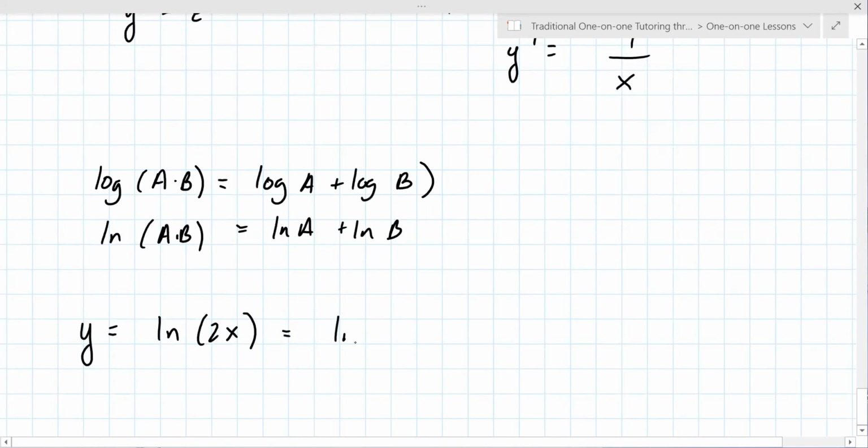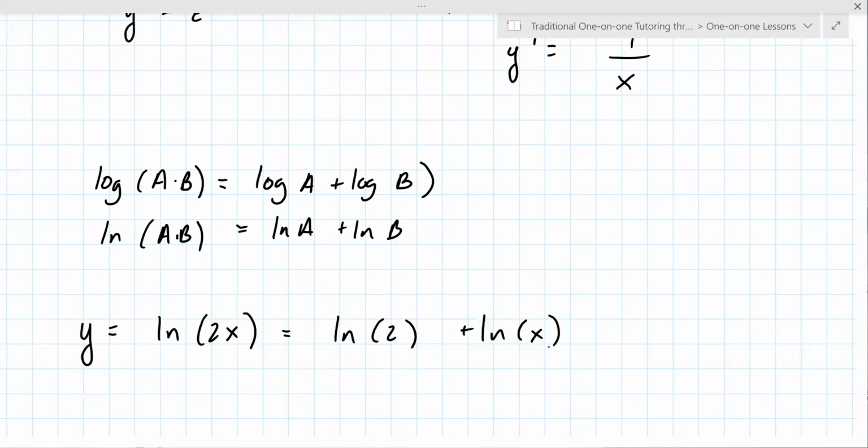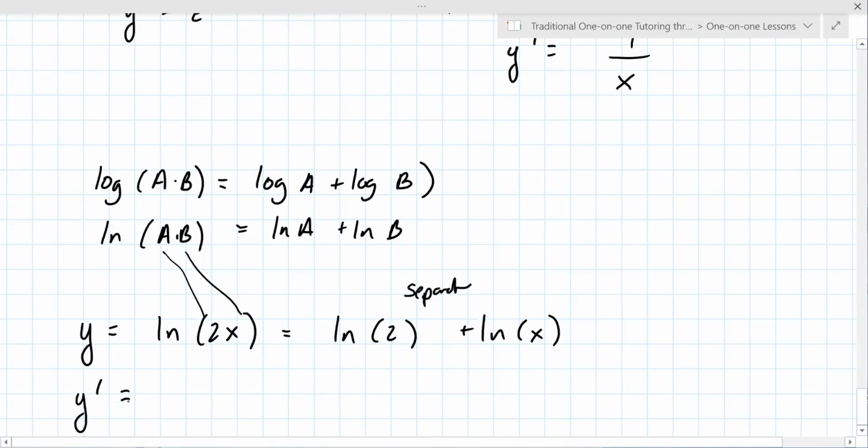This becomes the natural log of 2 plus the natural log of x. This is a, this is b, so they separate. We have to take the derivative, but you have to separate these first.